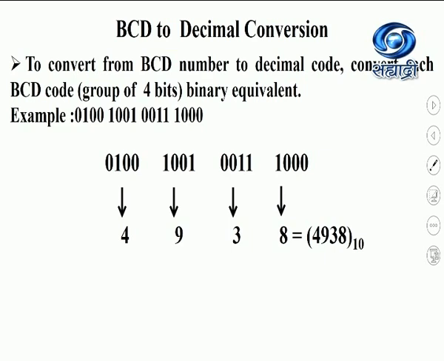So let us find decimal number for this BCD code. 0100 corresponds to 4. 1001 corresponds to 9, and 0011 corresponds to 3. 1000 corresponds to 8. So this will form the decimal number 4938 for the given BCD code.